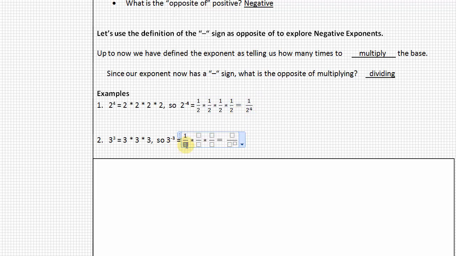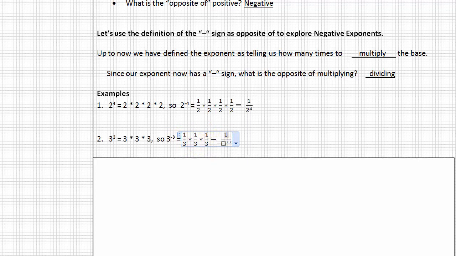And so we're going to divide by 3, our base number, and we're going to do this 3 times. So 3 to the negative third power means 1/3 times 1/3 times 1/3. And that is equal to 1 over 3 to the third power.